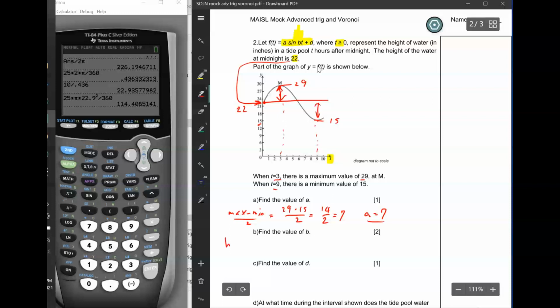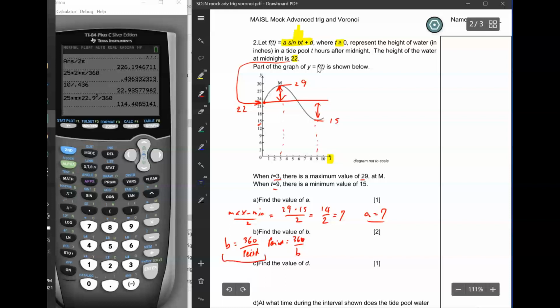Find the value of B. Remember that B is equal to 360 divided by period. In your notes, you can also write the opposite function, which is period equals 360 divided by B. Both are true, so use whichever one is more convenient. If we're going to find the value of B, this is more convenient.